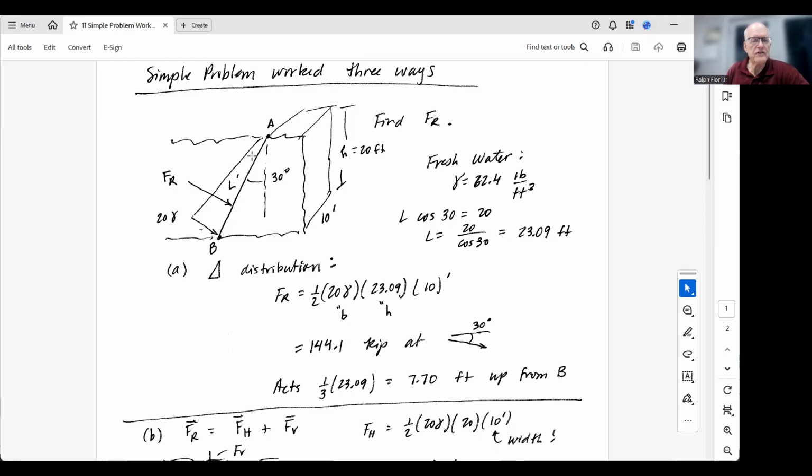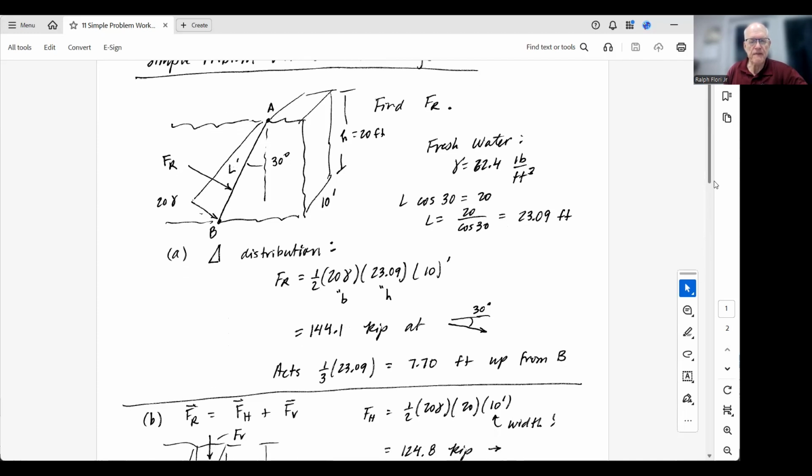So the volume of this triangular pressure distribution is 1/2 base times height times the width in the board. So 1/2, the base is the pressure, which is 20 gamma. The height is L, which is 23.09, times 10 feet into the board. Our gamma is 62.4 pounds per cubic foot, so it's fresh water.